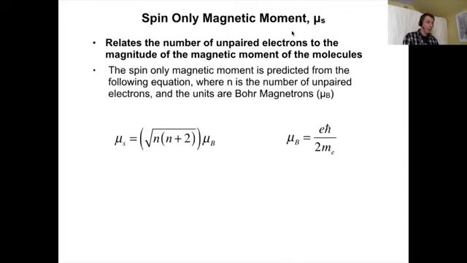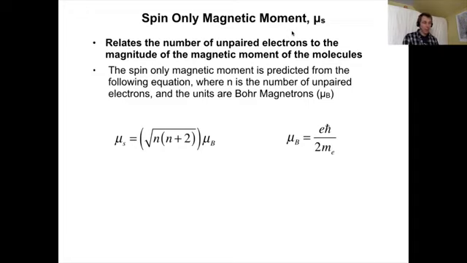So our spin-only magnetic moment gets the abbreviation mu sub s, for spin, and this is a fairly simple equation. mu sub s is equal to the square root of n times n plus 2, where n is the number of unpaired electrons in your sample.